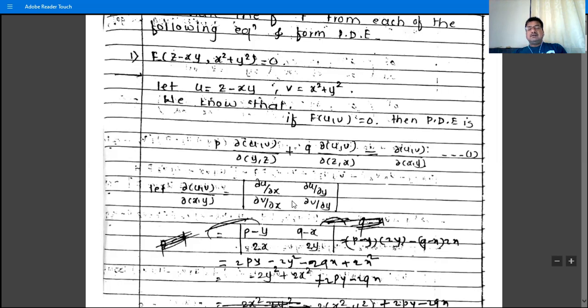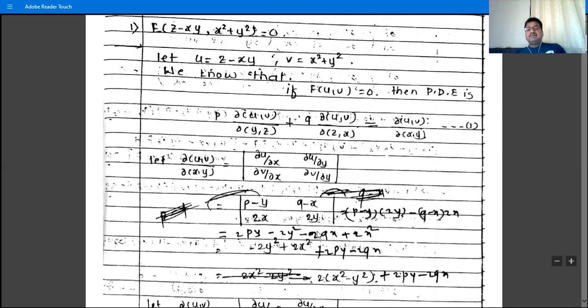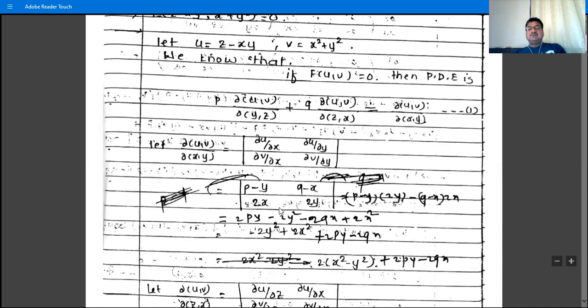Then ∂u/∂y is ∂z/∂y, which is q, minus the derivative of xy with respect to y, which is x, since ∂y/∂y is 1. Then ∂v/∂x is 2x, because the derivative of x² is 2x and the derivative of y² is 0.